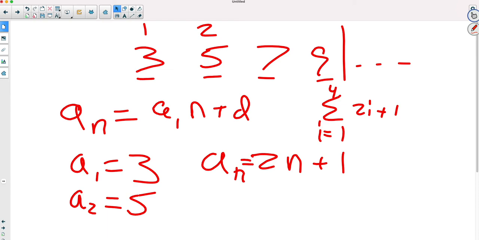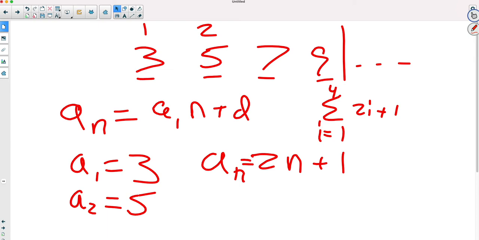With me? Celine, what part are you missing? You've got to ask the question. This equation, 2n plus 1. First you look here. What are these going up by? 3, then 5, then 7, then 9. What are they going up by? Why is the A1 in front of it? A1 equals 3.